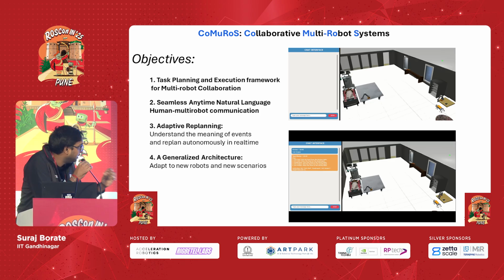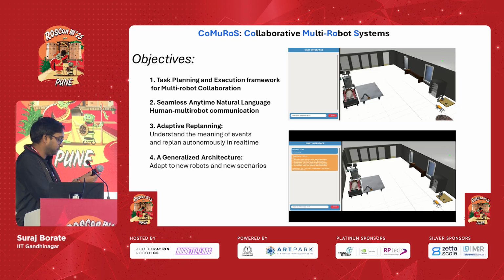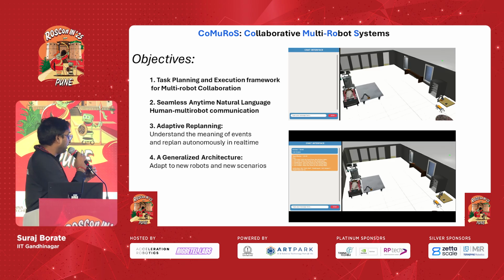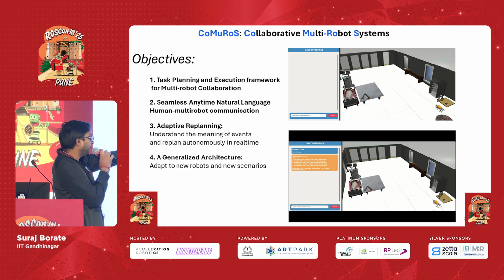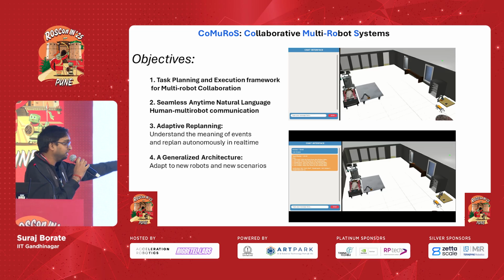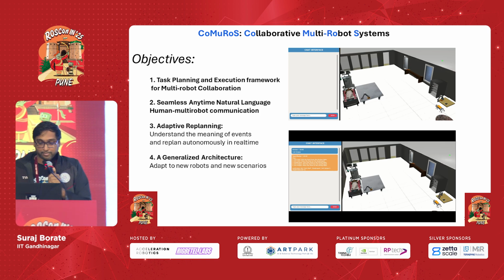So in the first video, you can see there are 3 robots. There are 2 robotic arms, one near the patient, one on the table, and there is a quadruped robot nearby.